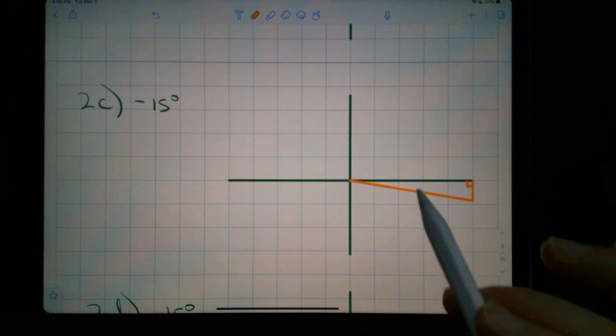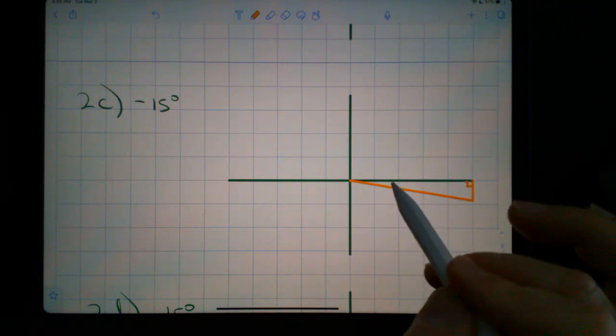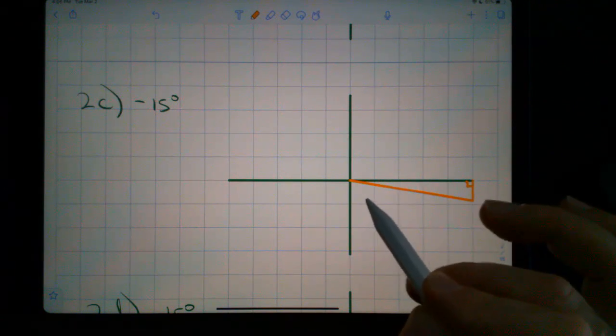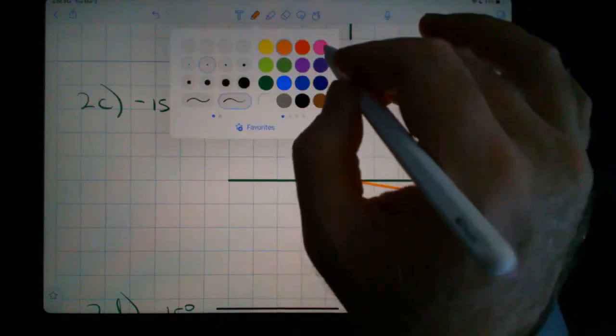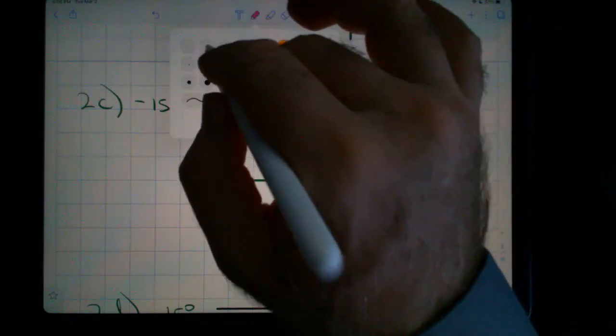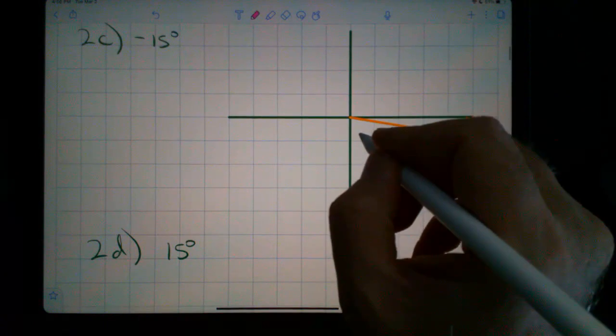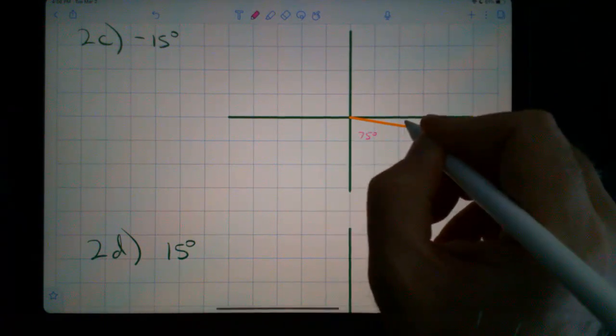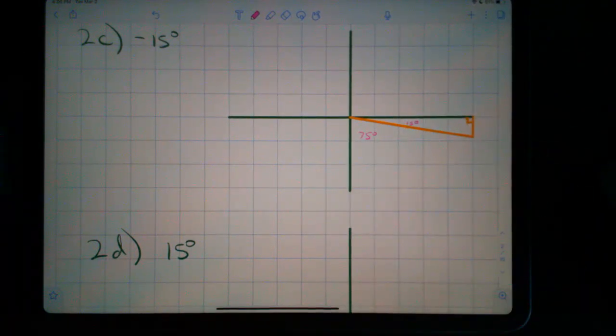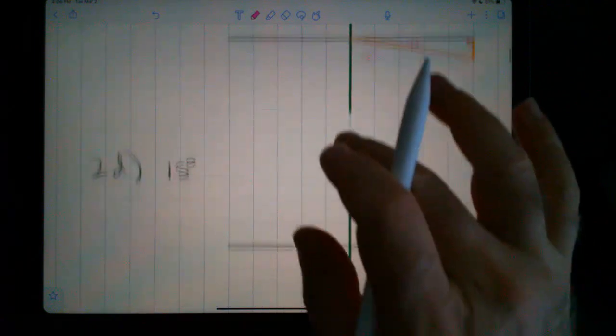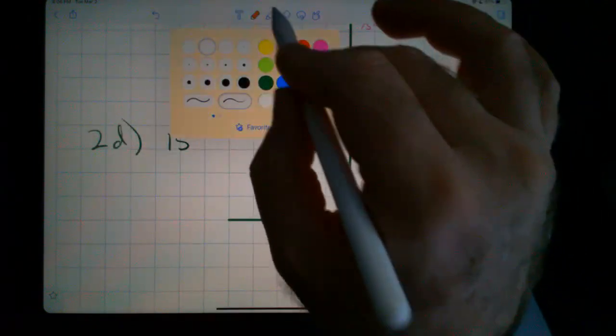That's just going down 15. So there are 15 degrees right inside here. And then over here, this would be 75 degrees.